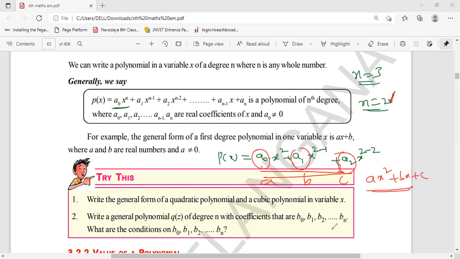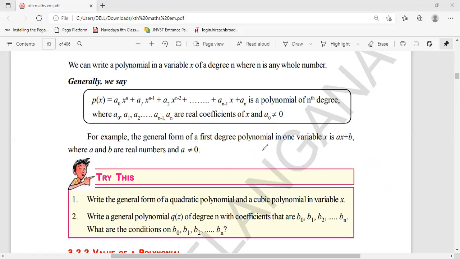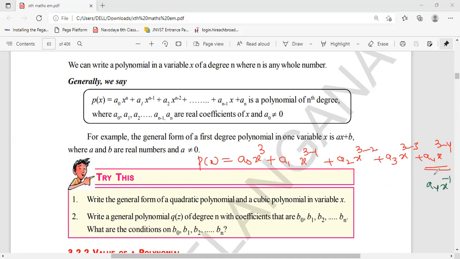If n is equal to 3, what will it be? It is simple. Just replace n with 3. P of x is equal to a naught x cube plus a1 x power 3 minus 1 plus a2 x power 3 minus 2 plus a3 x power 3 minus 3 plus a4 x power 3 minus 4. 3 minus 4 becomes a negative power, a4 into x power minus 1, so it is not a polynomial.